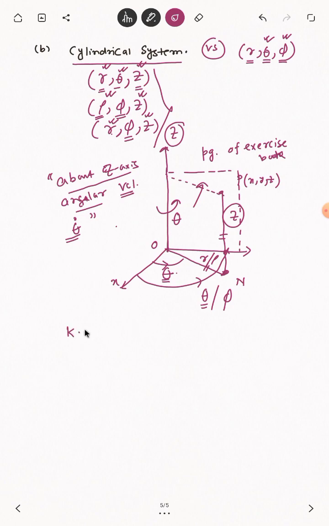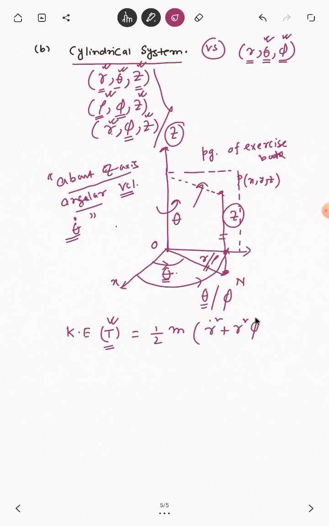So here, the kinetic energy in the cylindrical coordinate system, that is T, always by Lagrangian mechanics, we can easily say kinetic energy is always expressed in terms of capital T from the English alphabet. So half m into r dot square plus r square phi dot square, if we call it phi dot.